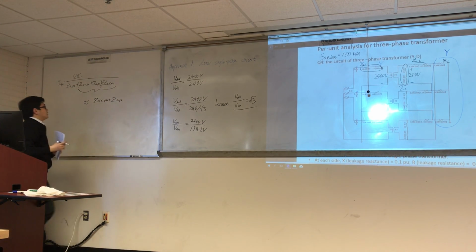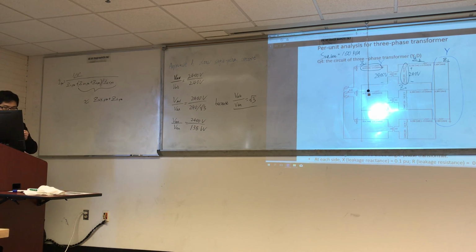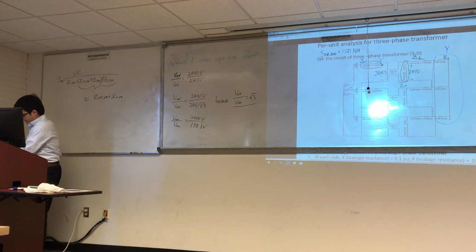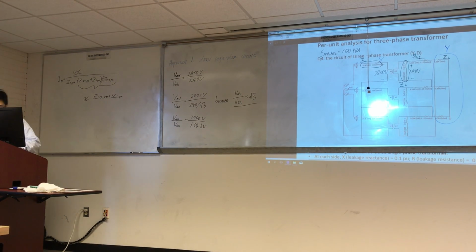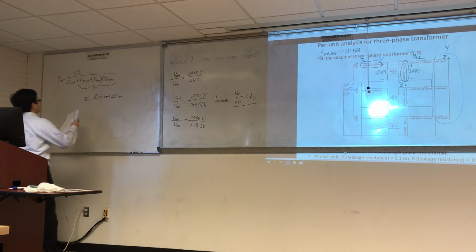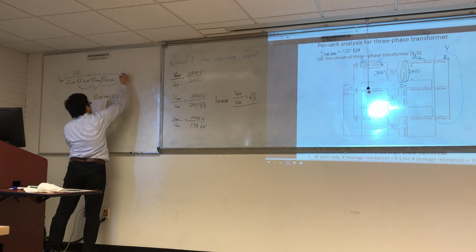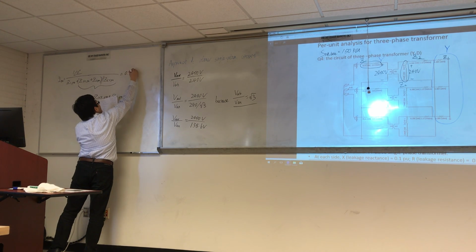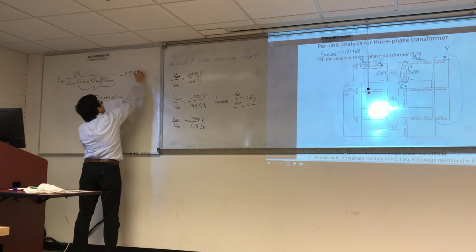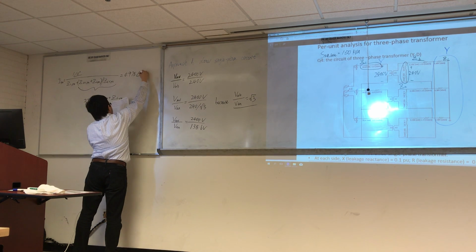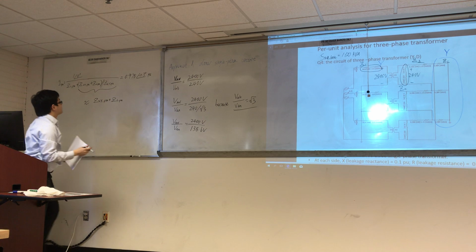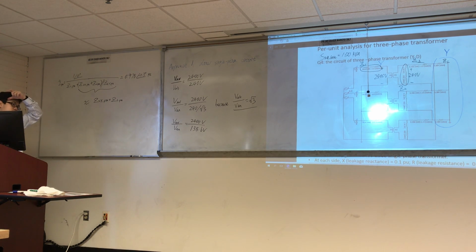So what's your current? Your current is 0.978 at an angle of negative 11.3 degrees per unit.